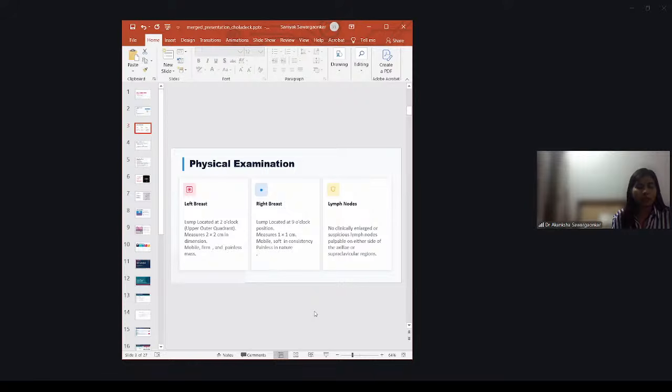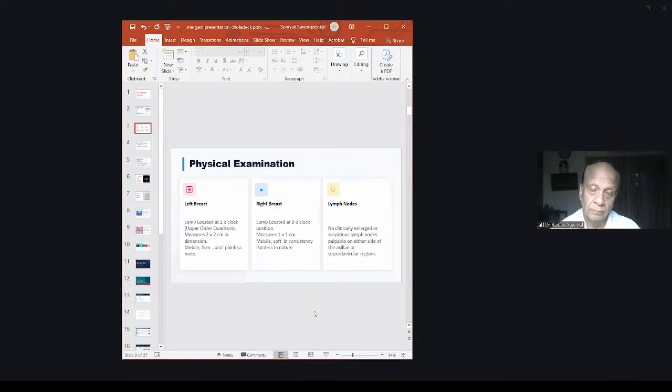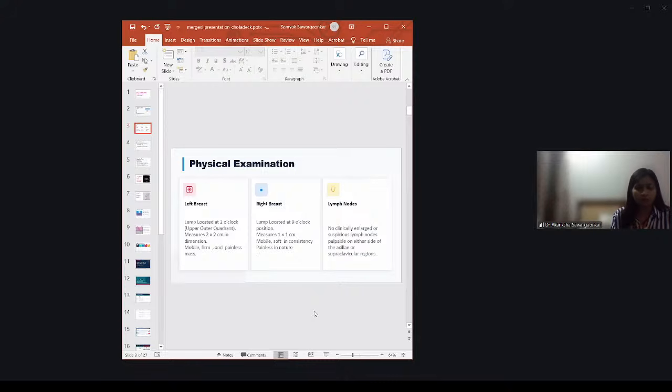I would like to keep her in close follow-up to see whether there are any interval changes or rapid enlargement in the size of the lump, because pregnancy can mask the symptoms of benign as well as malignant cases. So rather than jumping directly to a core biopsy, I would like to observe her first. And if it keeps on increasing rapidly, then I would like to go to a core biopsy.